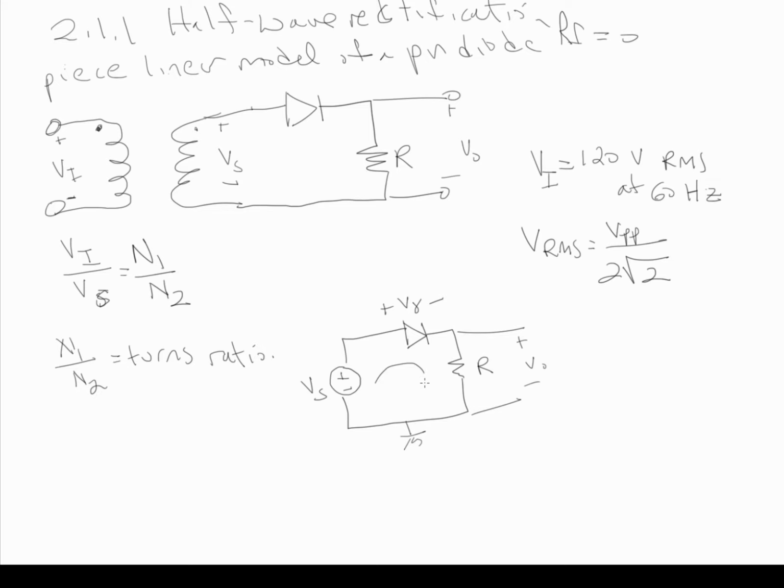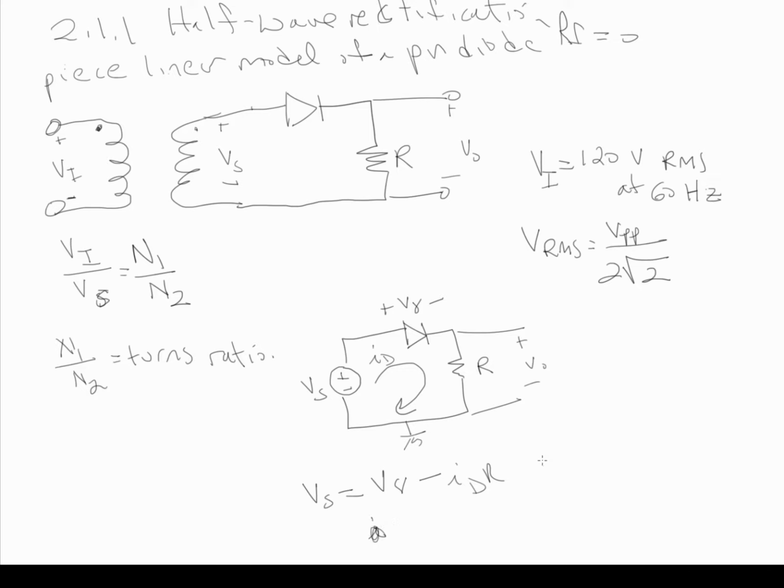And if we do KVL around this loop, we're going to have Vs is equal to V gamma plus ID times R, and so our V out, and we could have just skipped this too.